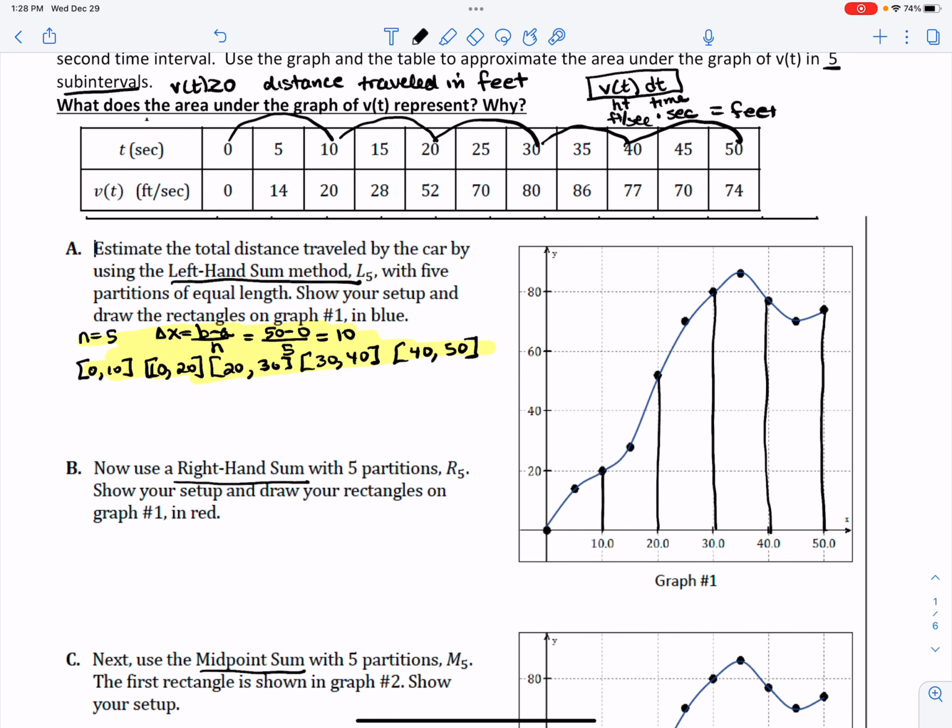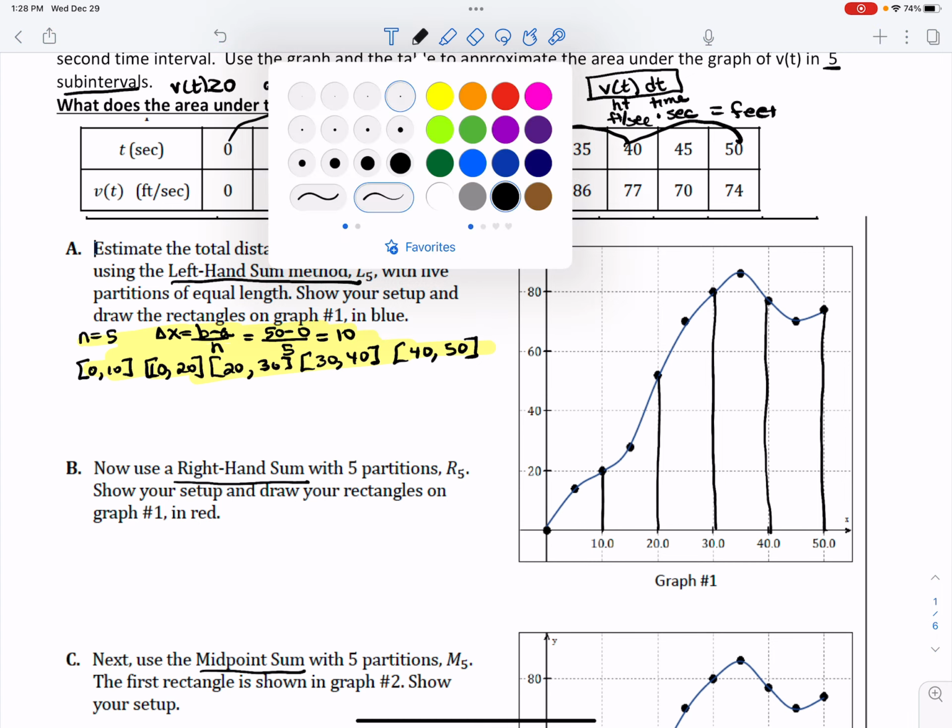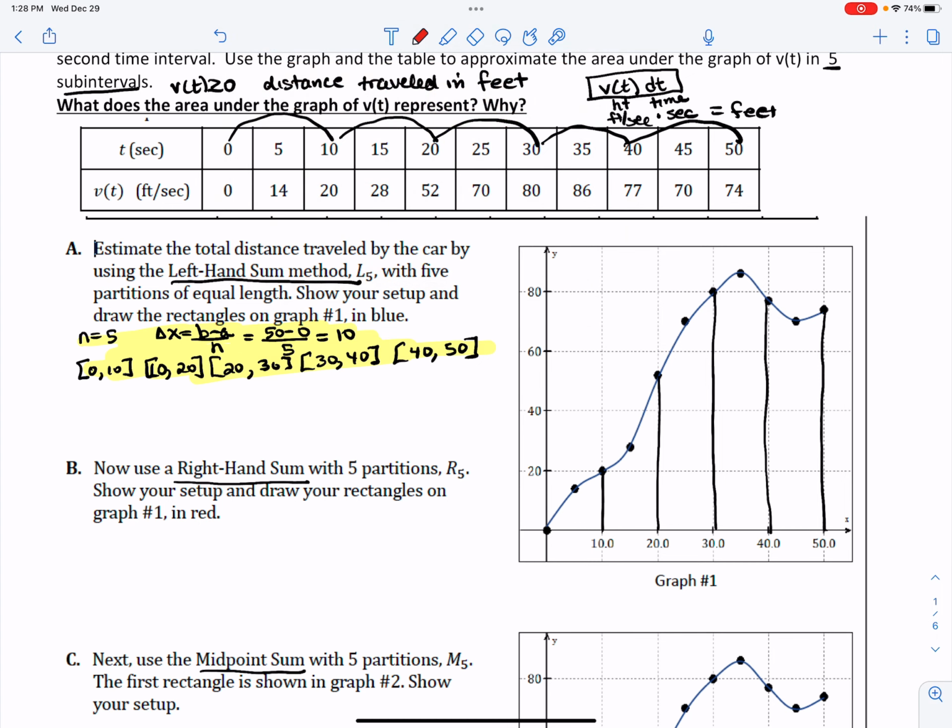Now, for left Riemann sum, we pick the left endpoint in each subinterval. I'm going to put that in red. The left endpoint for the first subinterval, from 0 to 10, is 0.